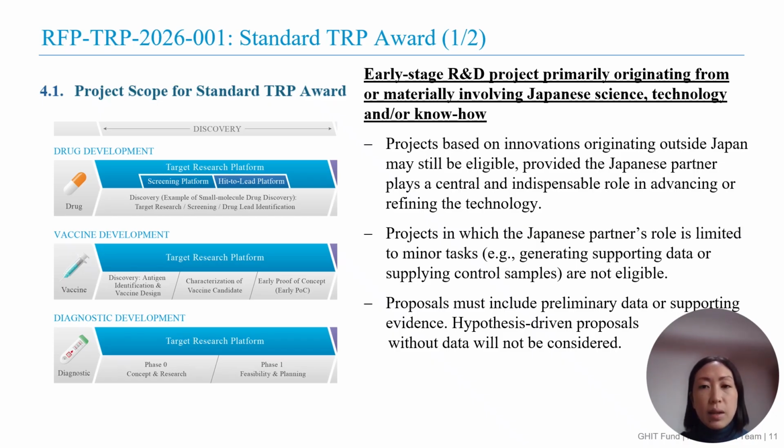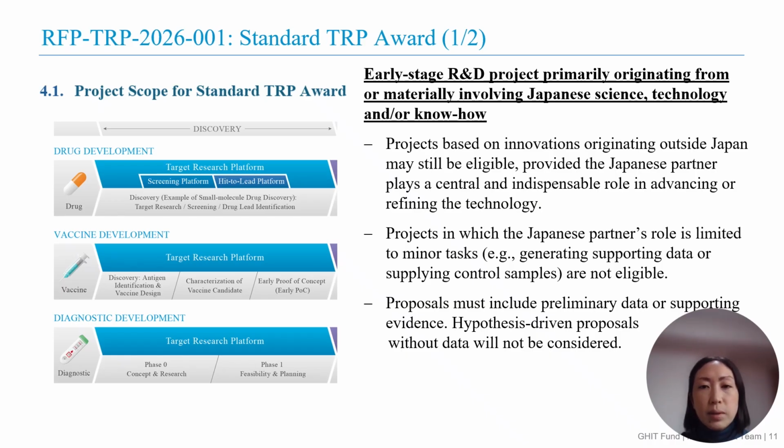Projects based on innovations from outside Japan may still be eligible, but only if the Japanese partner plays a critical and indispensable role. If the Japanese partner's role is limited to minor tasks, such as supplying control samples, conducting contract research without a decision-making role, or acting as a consultant, the proposal will not be eligible.